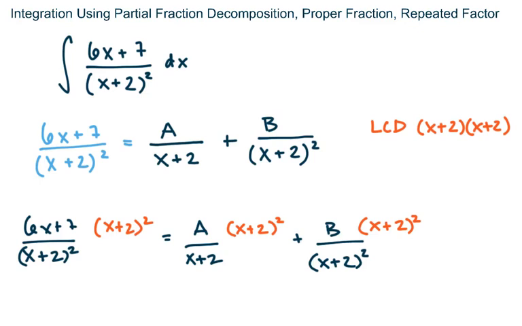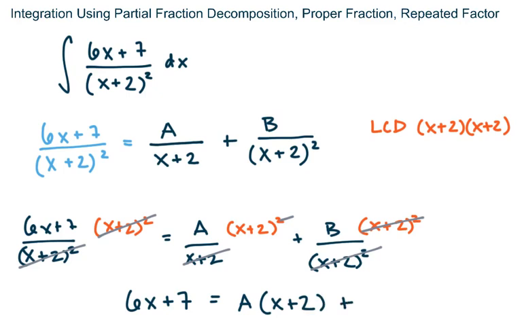And that cancels factors. And it leaves us with 6x plus 7 equals A times x plus 2 plus B. Right? So we multiply by the LCD to clear the fractions, have everything written on one line.